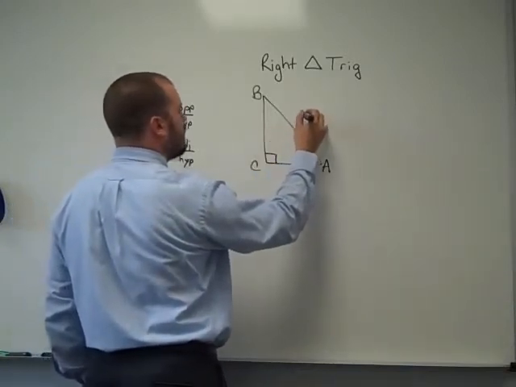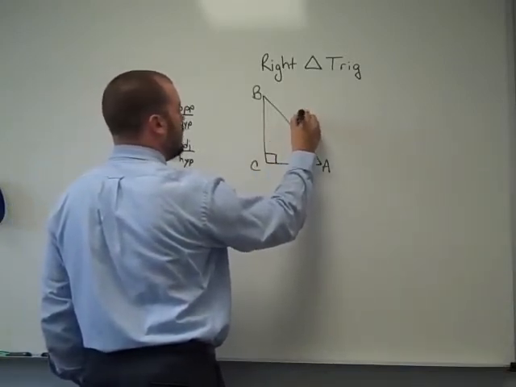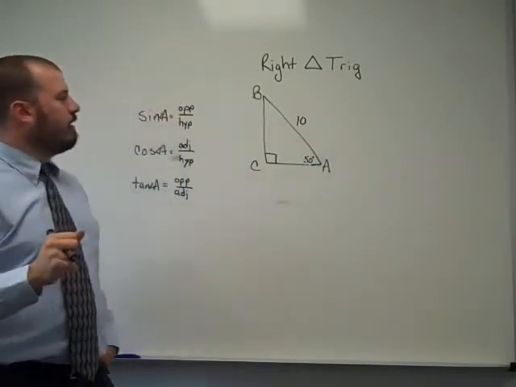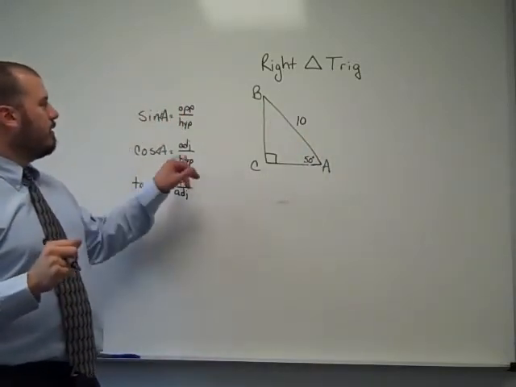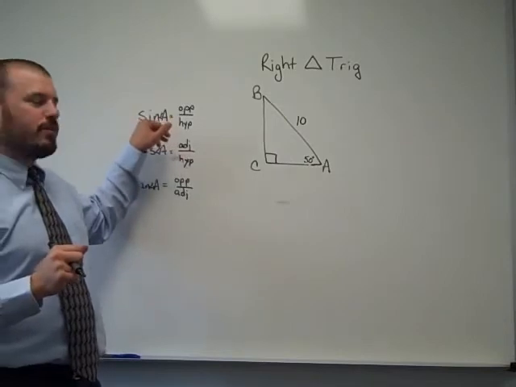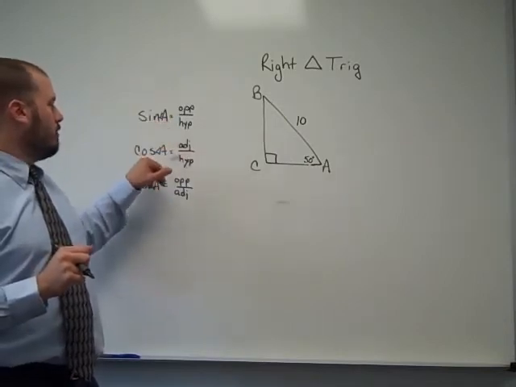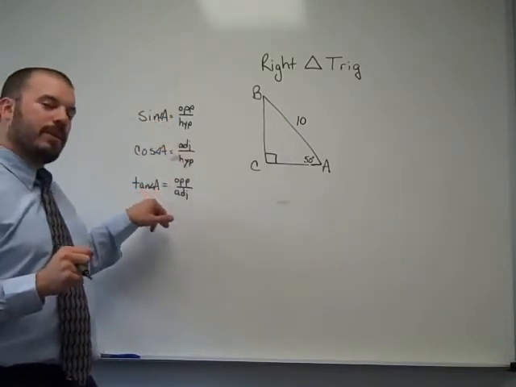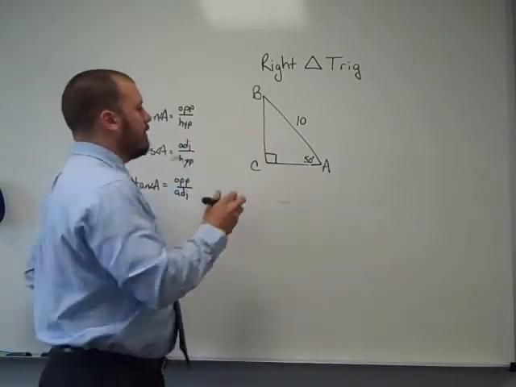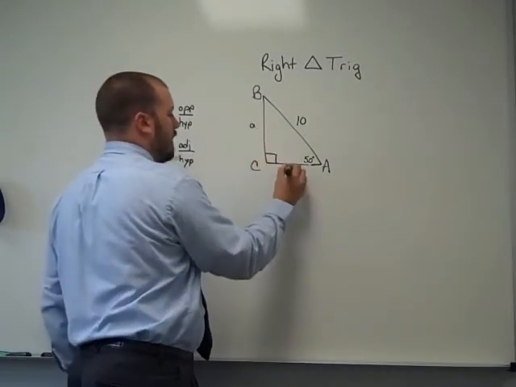So let's go with the hypotenuse being 10. So we can set up an equation using the sine or the cosine. We really don't have enough right now for tangent to solve for either of these sides. We'll call that A and that B.